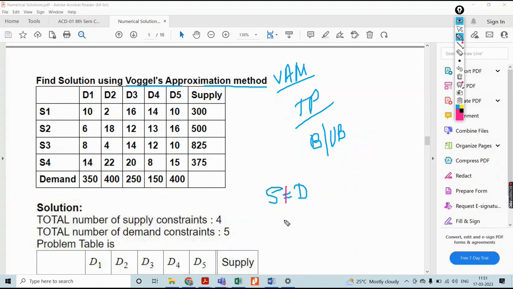If it is unbalanced, you need to include a dummy row or column, based on whether you need to match demand or match supply. According to that, you decide whether to add the row or the column. But for that particular row or column, the transportation cost itself is 0.